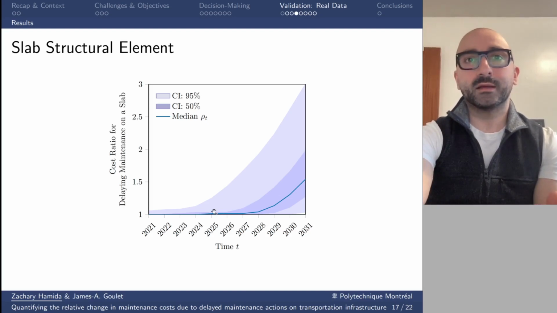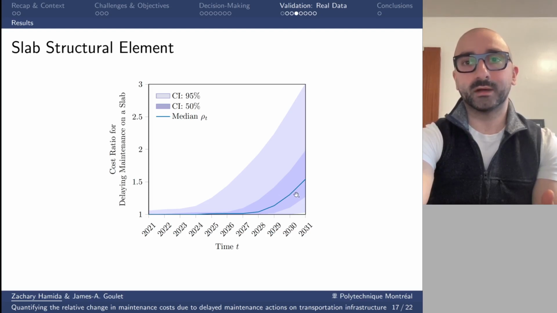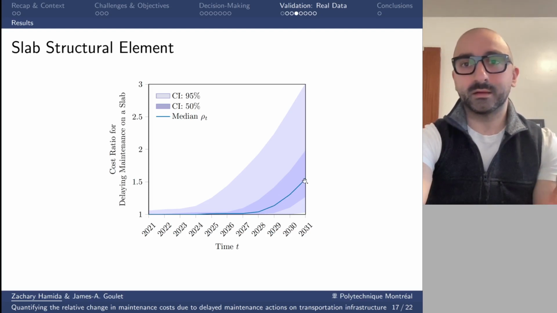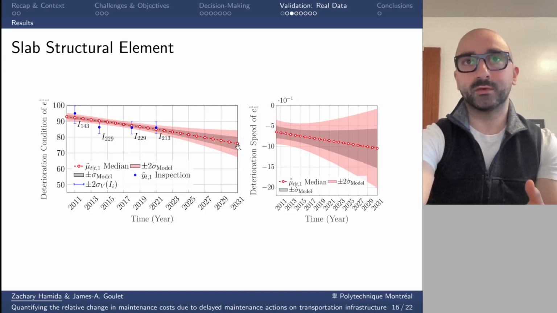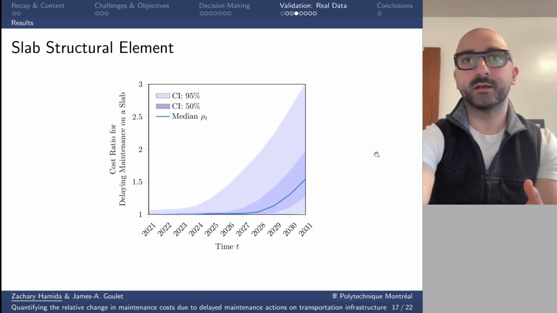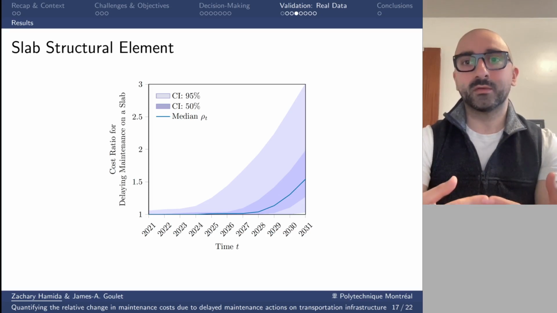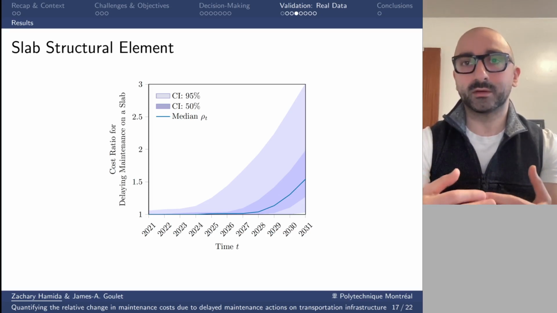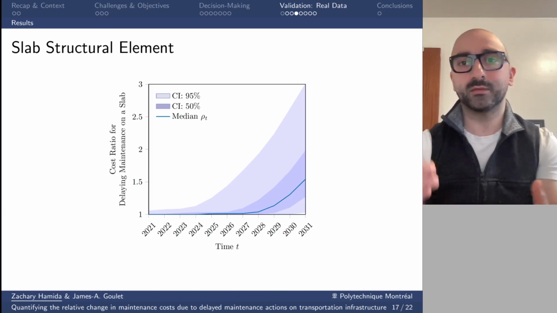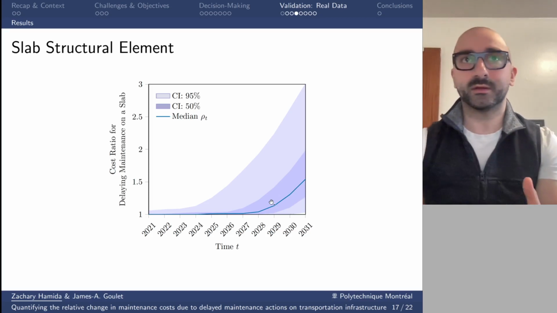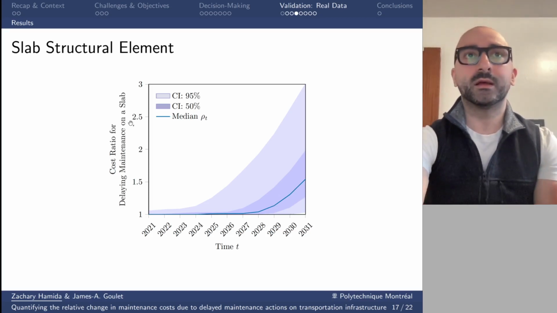The idea is that if we let the structural element deteriorate over time up to the year 3031, as we performed here in our deterioration state estimate, we would have an incurred cost of 1.5 times the total discounted cost. So this is an additional cost that would result if we don't intervene before this year and just let the element deteriorate. This is for a slab structural component.